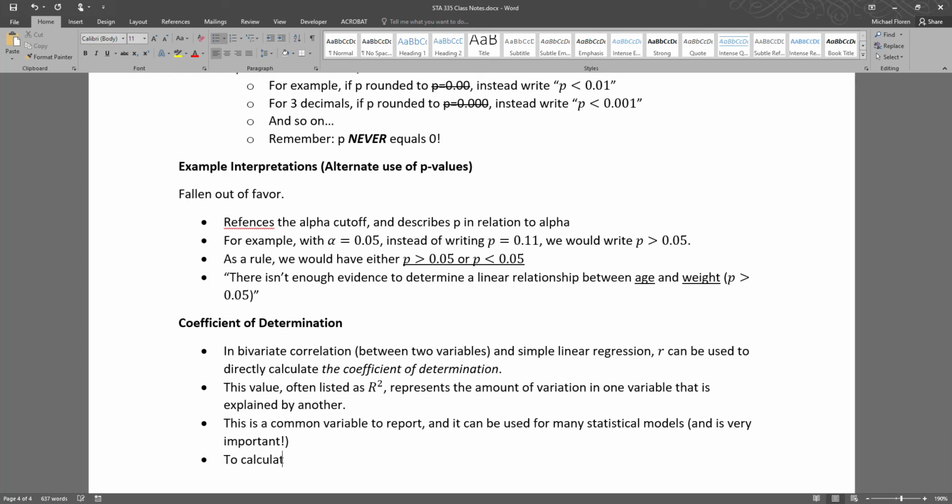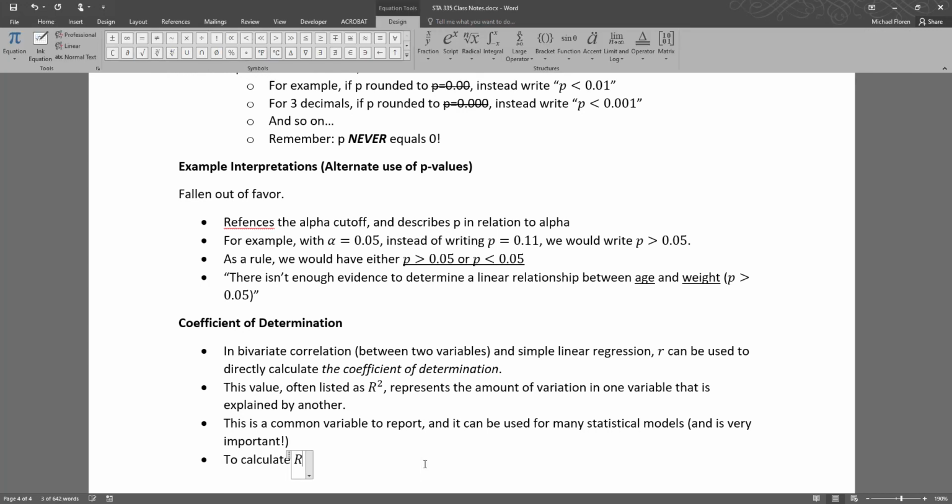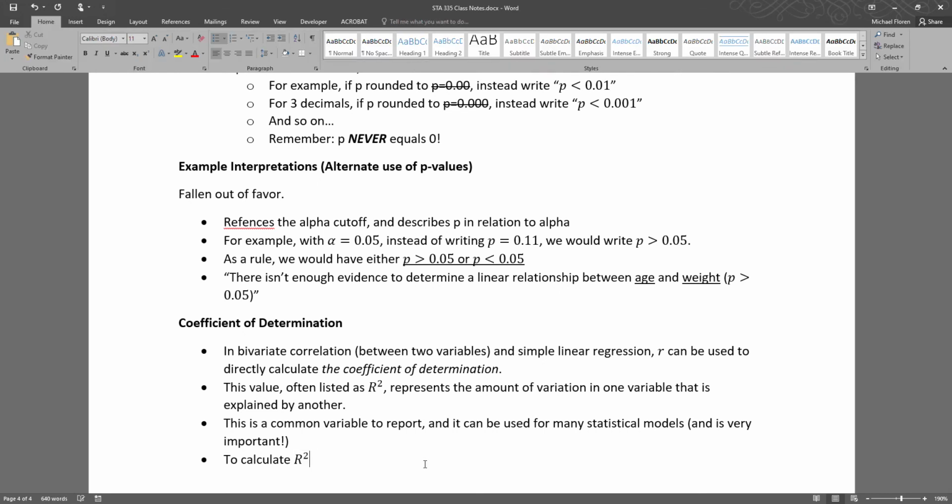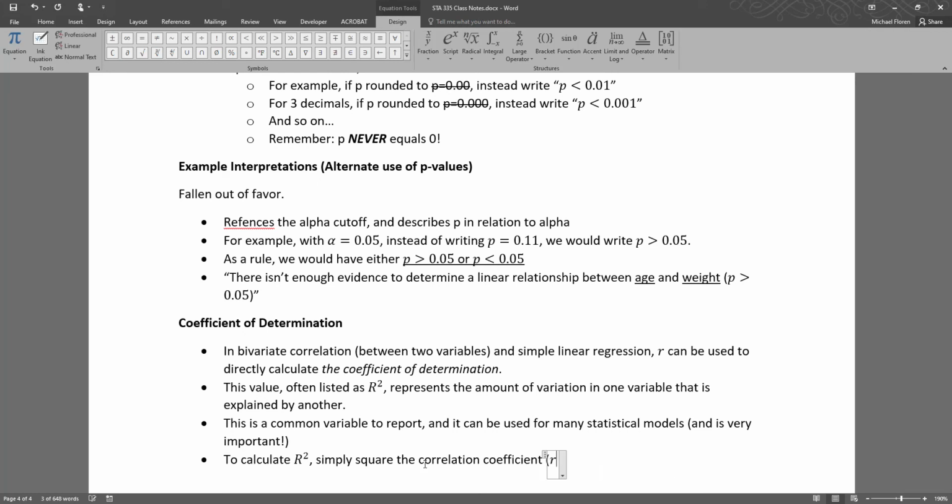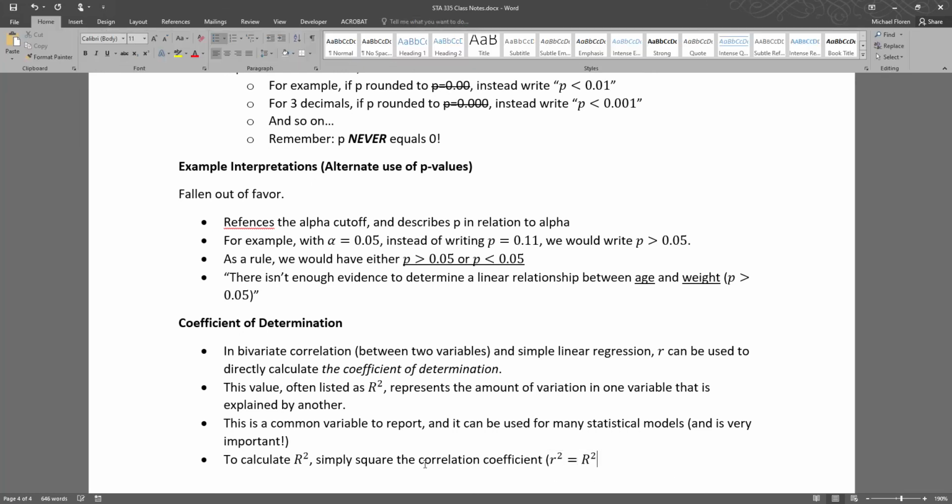To calculate r squared, simply square the correlation coefficient. That is, little r squared equals capital R squared, at least for bivariate correlation.